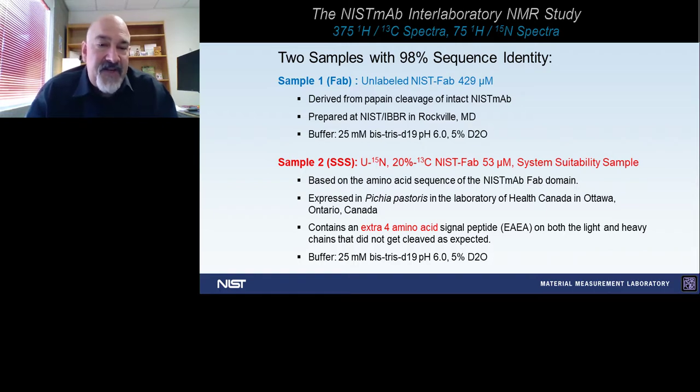But it turned out that as a result of the particular methods we used to express the system suitability sample, it happened to have 4 additional amino acids at the end of the 2 chains of the protein. So its sequence differs a little bit from the native Fab. And this gave us an additional interesting source of variation that we could test for.